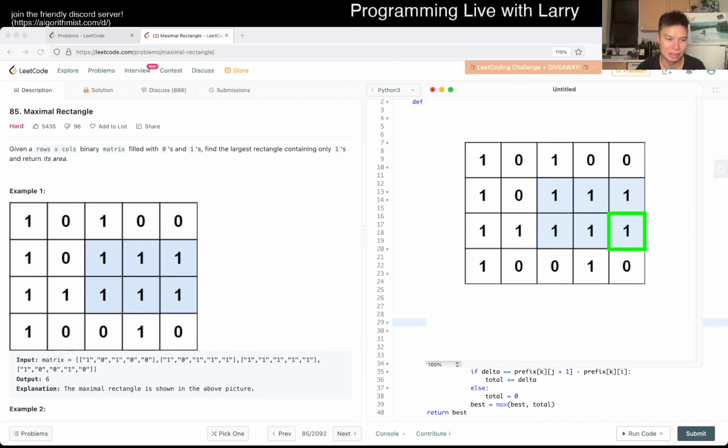Let me use another color. Let's pretend this is a 1 for now.